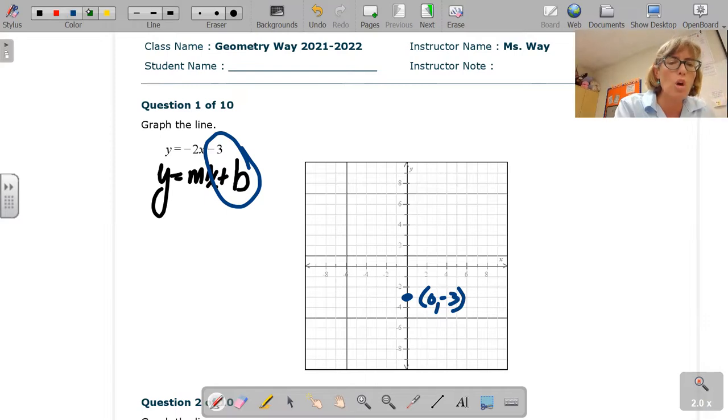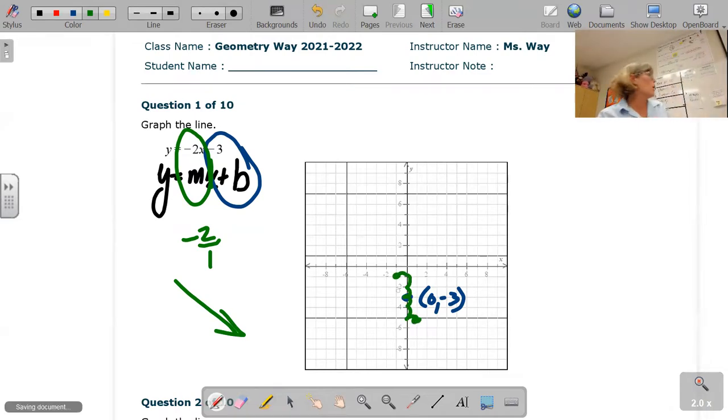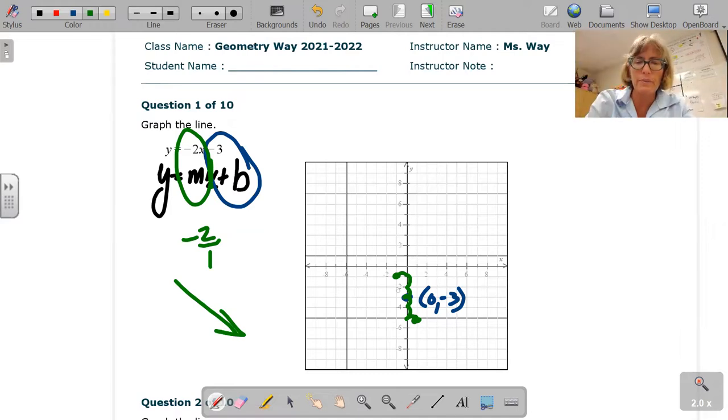And your slope is -2, and always whole numbers should be over 1. So I know my line has to go down from left to right. So I'm going to go up 2 and left 1, or down to the right 1. Either way, getting my ruler here. There is my line.